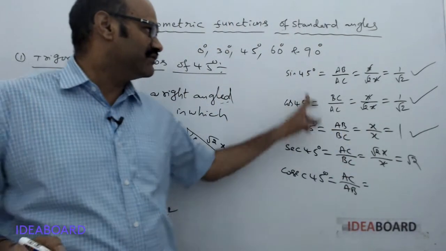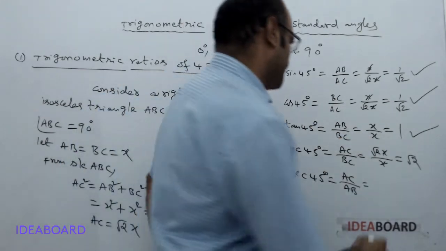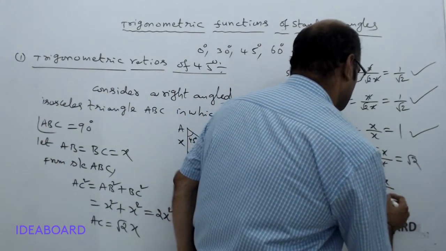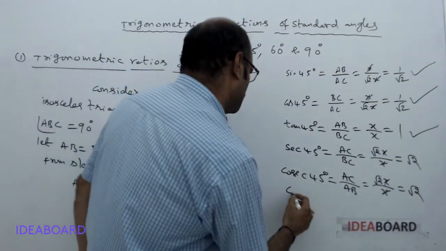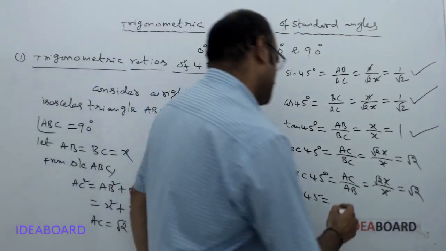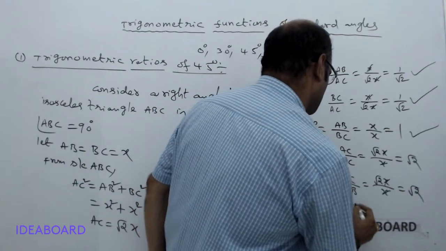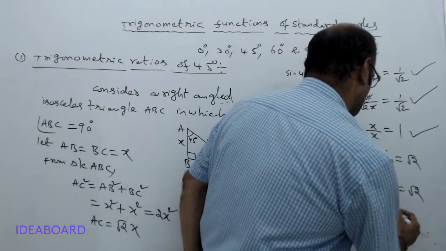Cosec 45 means reciprocal of sine. So AC by AB, root 2x by x equal to root 2. Now cot 45 is reciprocal of tan, BC by AB. So x by x equal to 1.